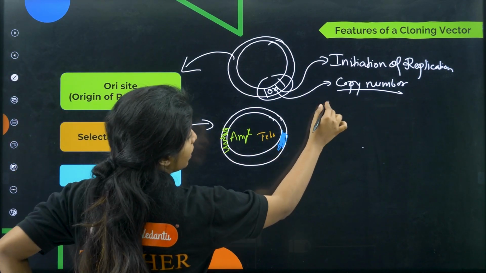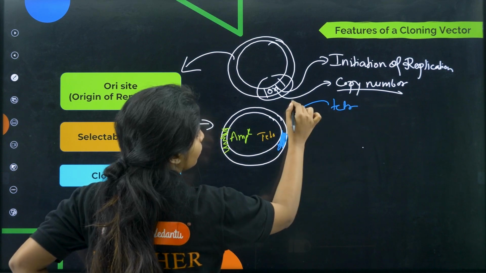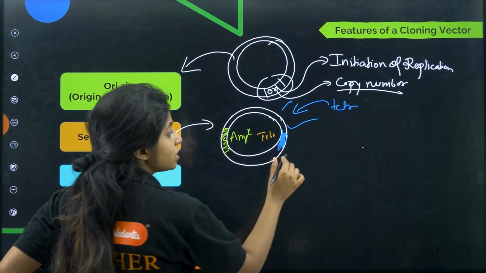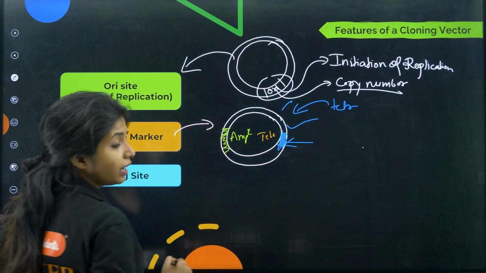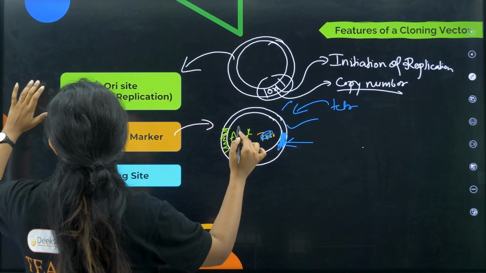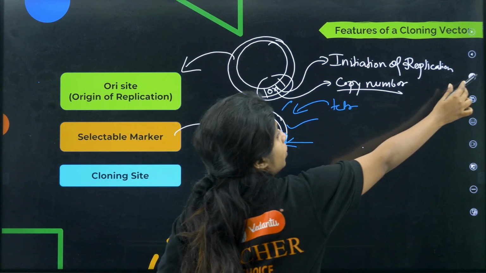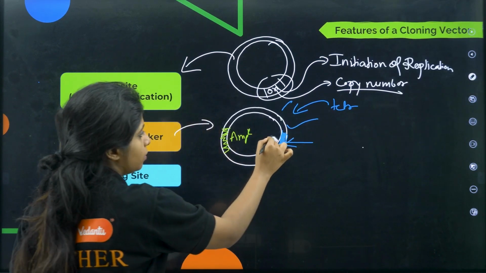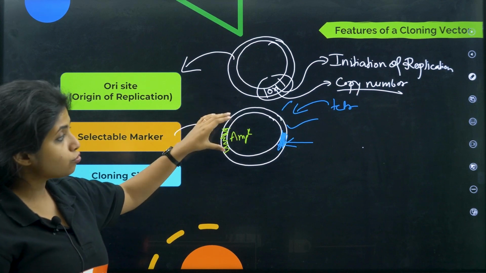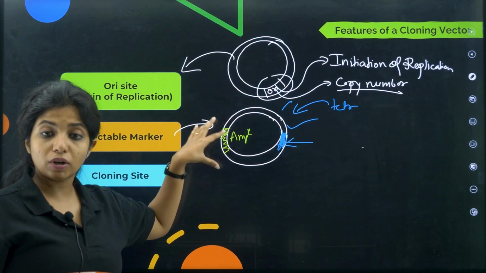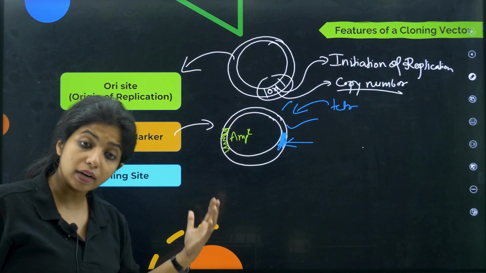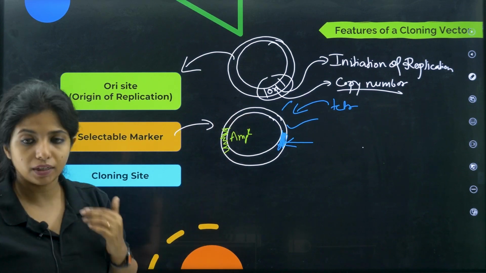Now, when I treat it with tetracycline, will this survive, children? No, it won't survive because it has my gene of interest, and I will be able to find out that this has my gene of interest. So this is going to act like a selectable marker. So you should have cloning vectors which have selectable markers in them, so that we are able to understand which one has our DNA and which one does not.